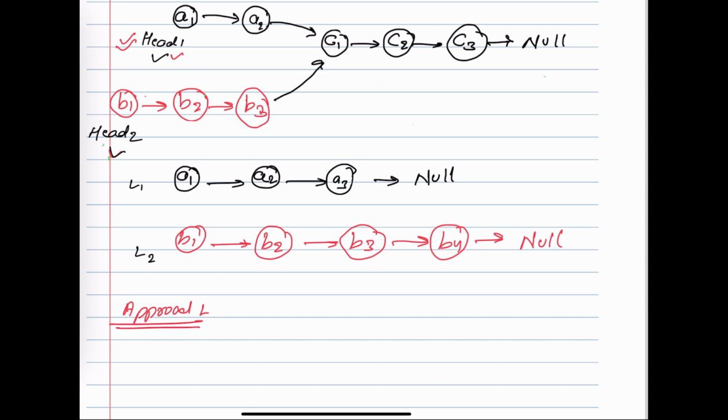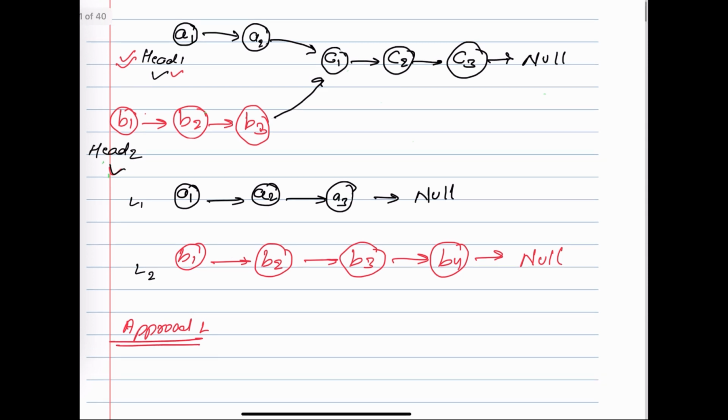In this, what we will do is compare each node by traversing one list at a time. Now just assume that we are traversing the second list. So we will traverse the list B1, B2, C1, C2 and C3, right? So this is my linked list 2.